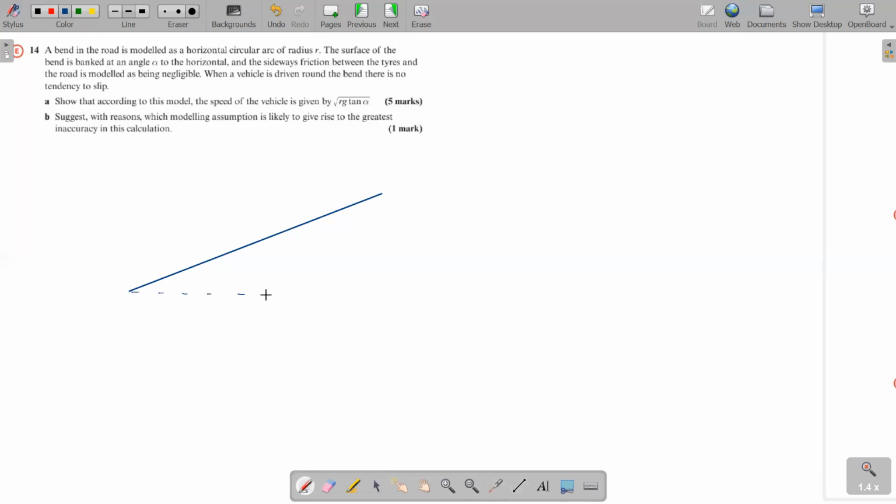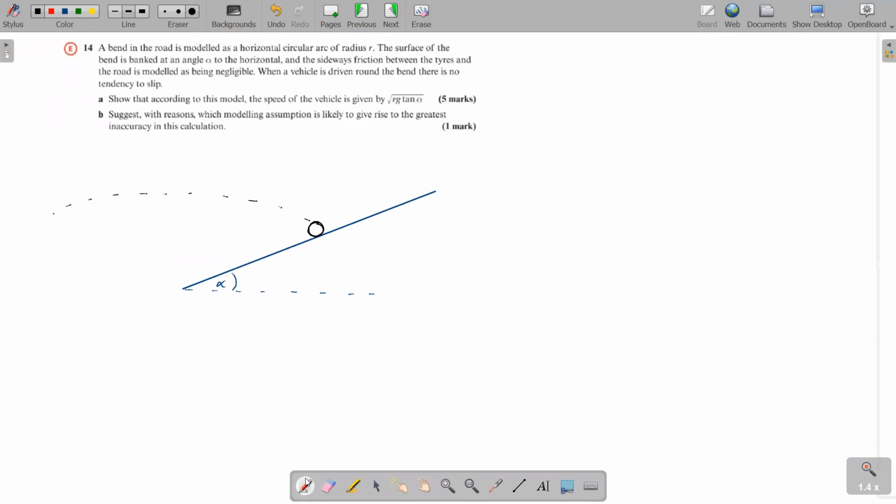You have a vehicle, and it's going to go in a circular path around the bend in the road.